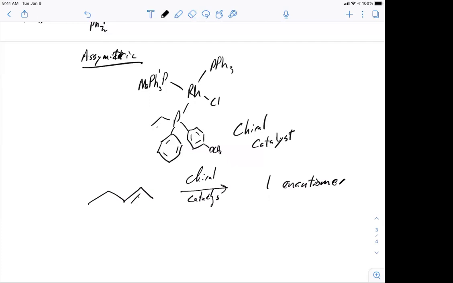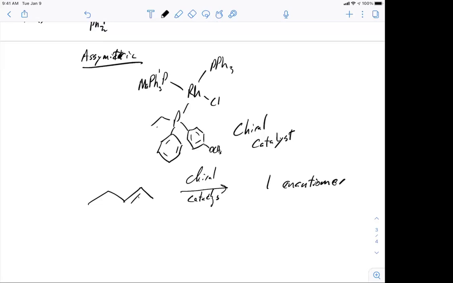But if you're starting with achiral and you have a chiral catalyst, then you can create chiral product. The idea behind the asymmetric is by going from a heterogeneous to a homogeneous catalyst, I can create a chiral catalyst, and then that chiral catalyst can create single enantiomers of hydrogenation products.